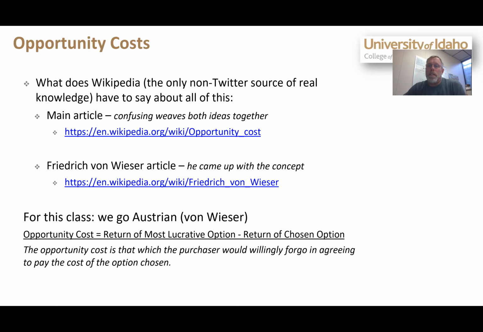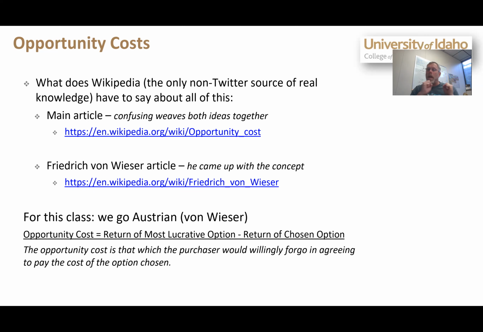So if I did something where I could have made $10, but instead I only made $5, the best option is 10 minus the option I chose, 5. The opportunity cost is $5. So it's basically the costs that the purchasers would willingly forgo to agree to pay the cost of the chosen option. So that's it, right?